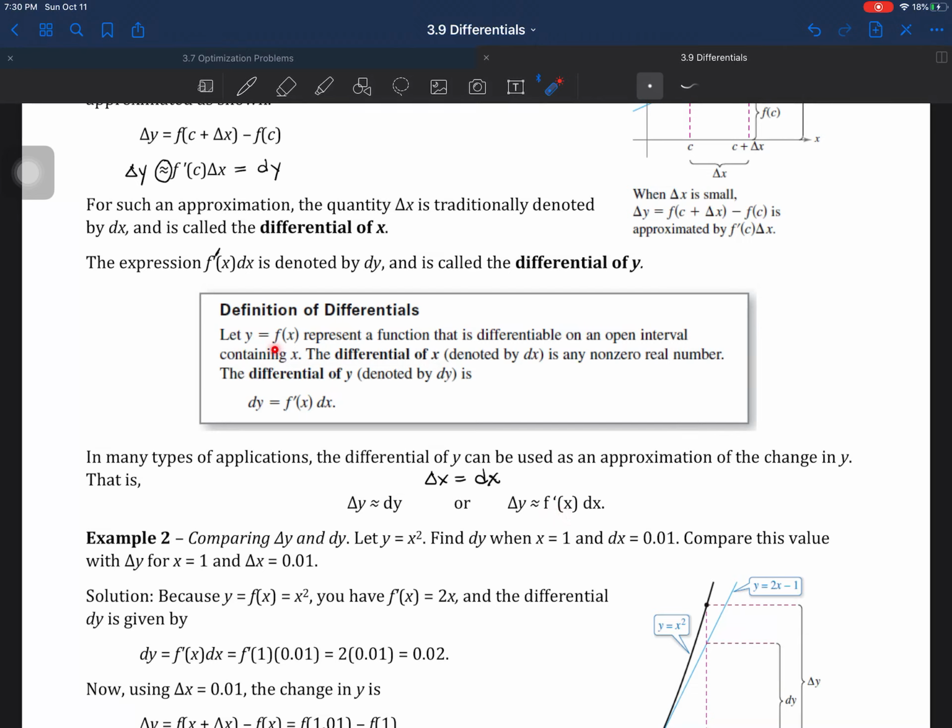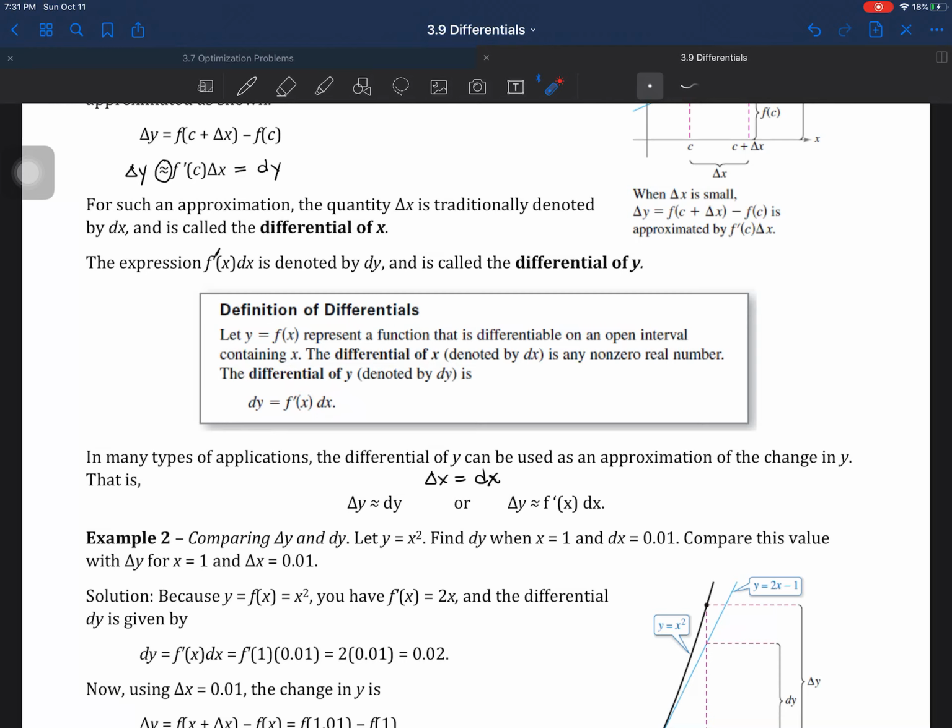So the definition of differentials, let's look over here. Let y equal f of x represent a function that is differentiable on an open interval containing x. The differential of x, denoted by dx, is any non-zero real number, and the differential of y, denoted dy, is equivalent to this. So by definition, this is our differential of y.